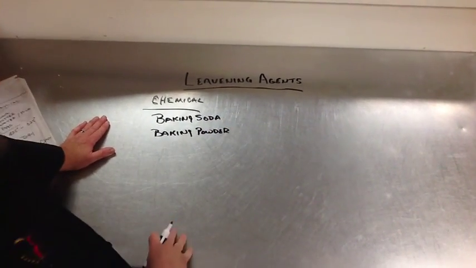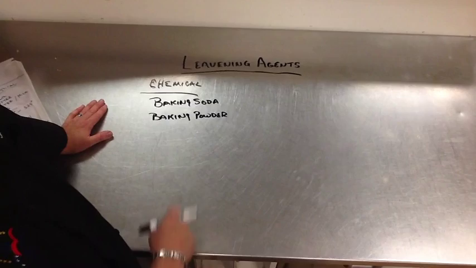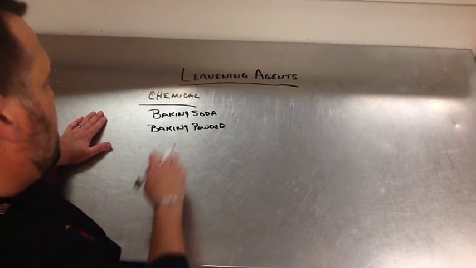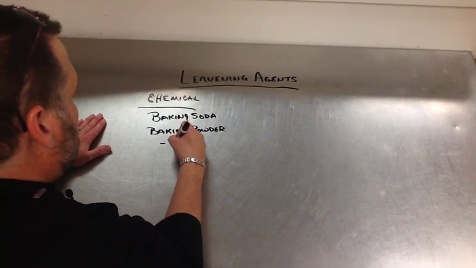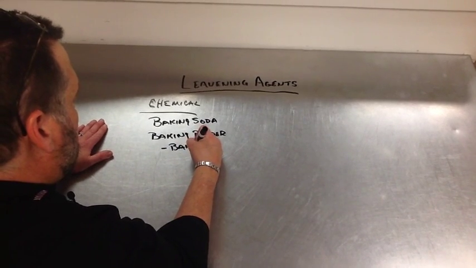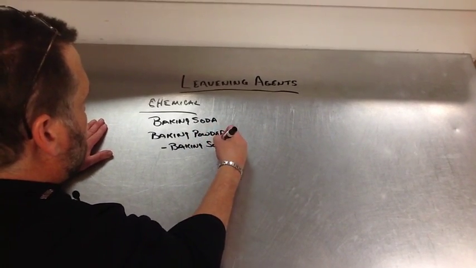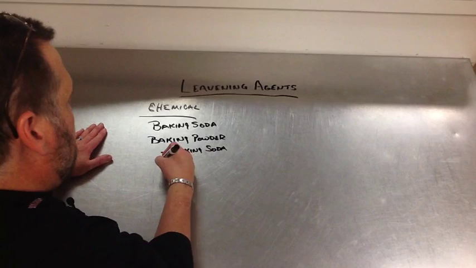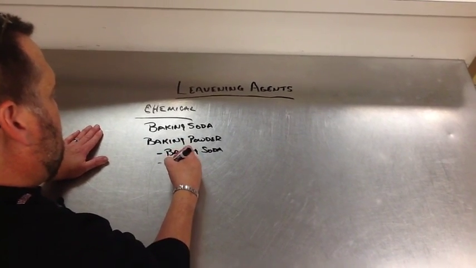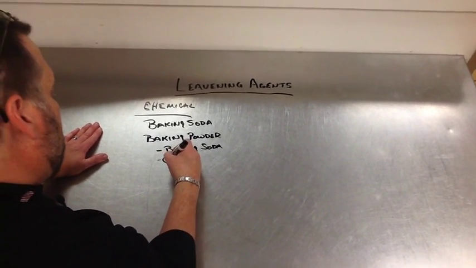Now, baking powder is kind of a unique thing, because baking powder is the combination of baking soda and tartaric acid, or what we know as cream of tartar.